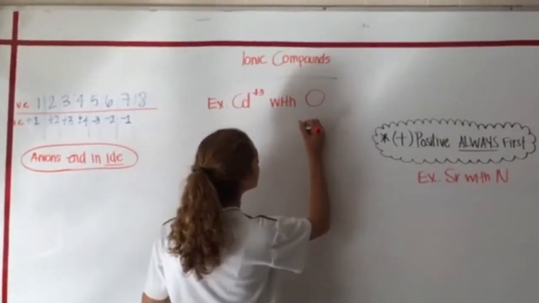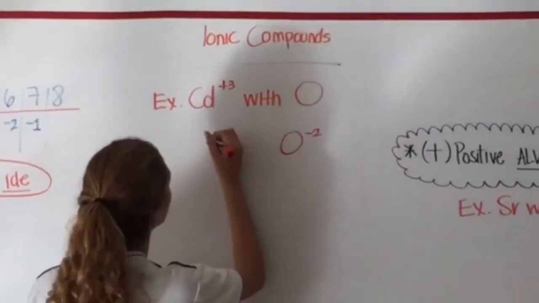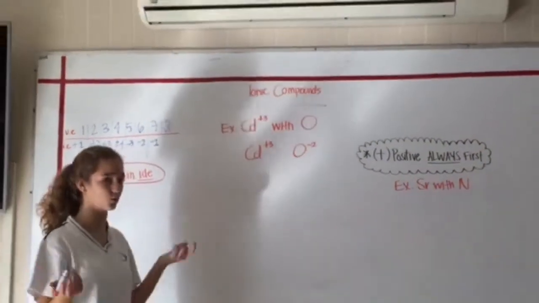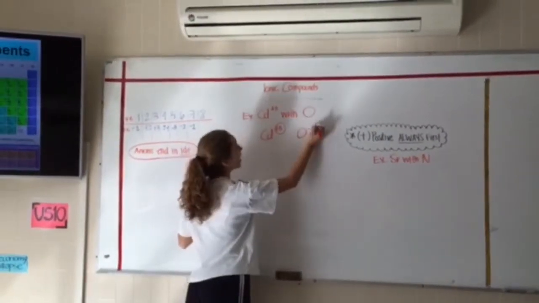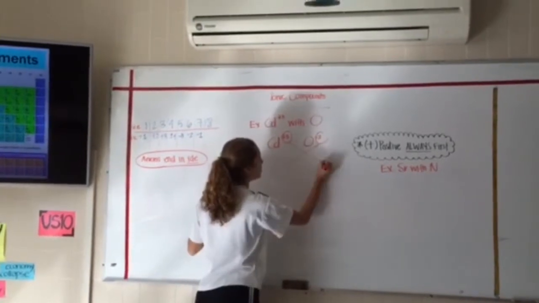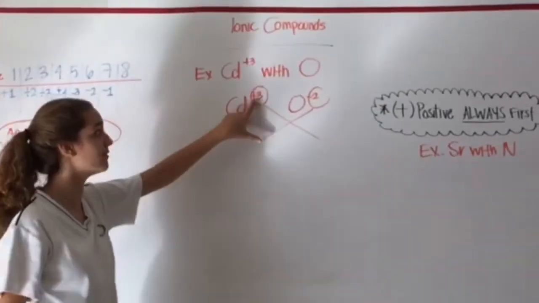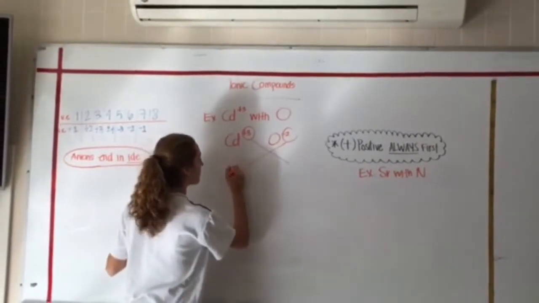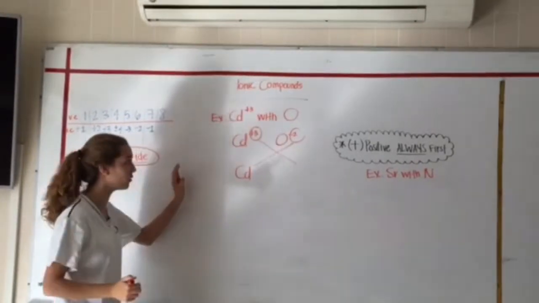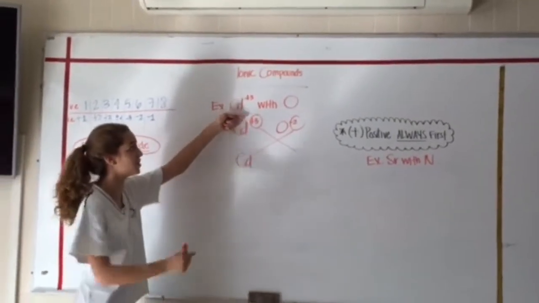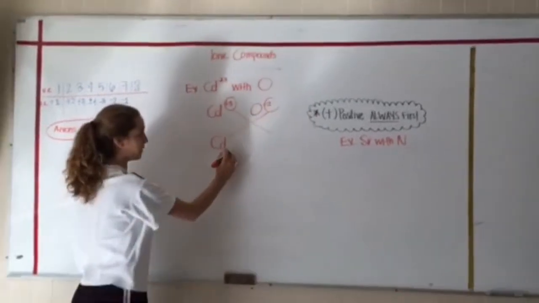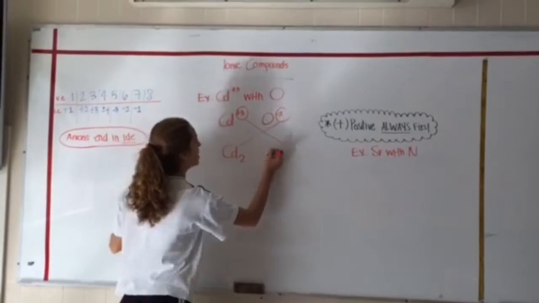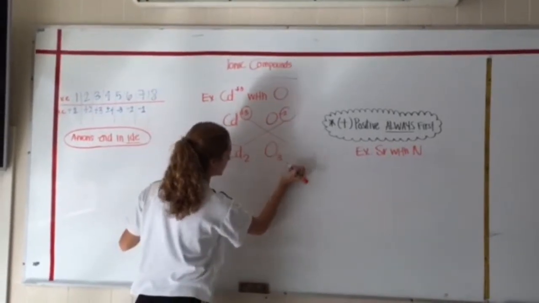So it's oxygen -2 and cadmium +2. Now we're going to do a switch. This ionic charge and this would change, but the positive or negative don't change. You cross them at the bottom.